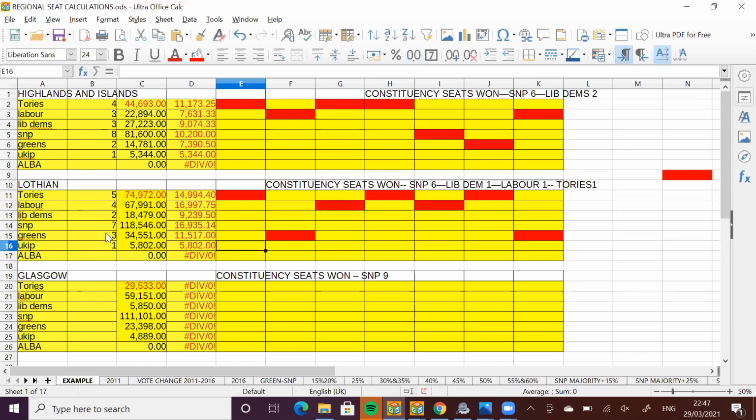And then if you look at Glasgow, where SNP won all 9 seats, so every other party is 1. SNP 10, so on and so on.